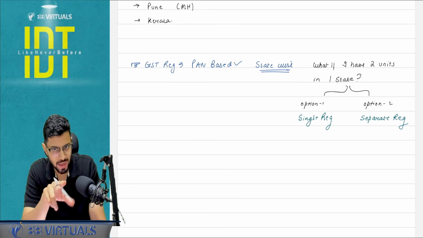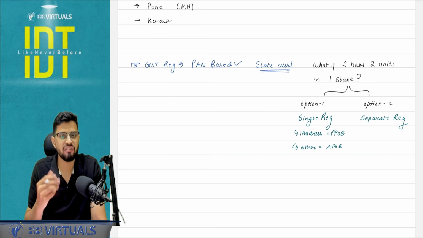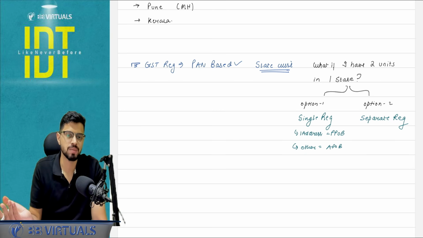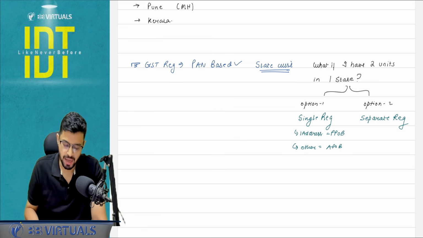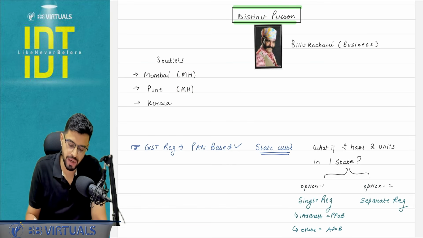If we go for a single registration, then your one address will be known as PPOB, that is principal place of business, and your other address will be known as additional place of business. If I have 5 units, one will be PPOB, the other 4 will be additional places of business. As simple as that. So in this context, in Maharashtra, I have taken separate registration.